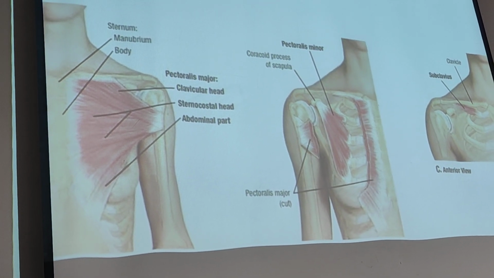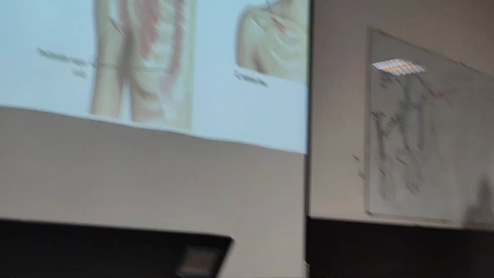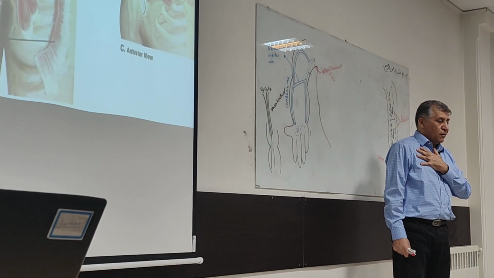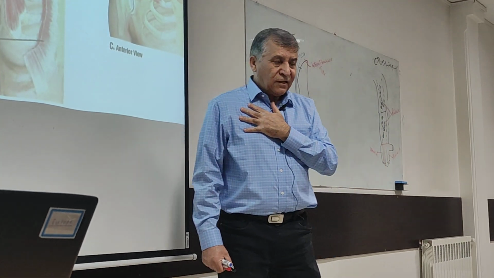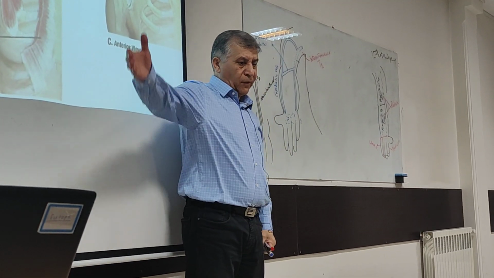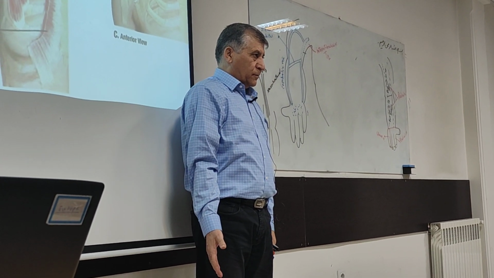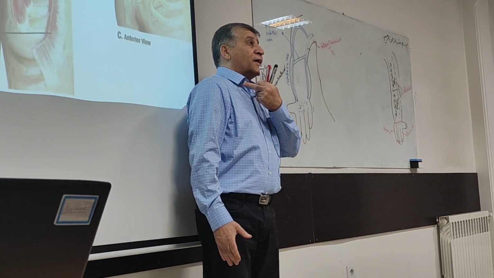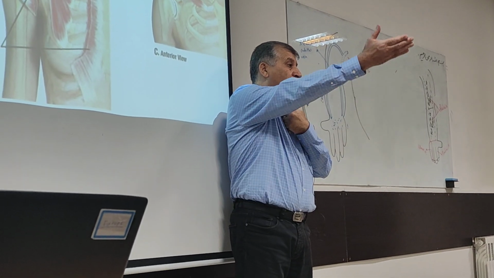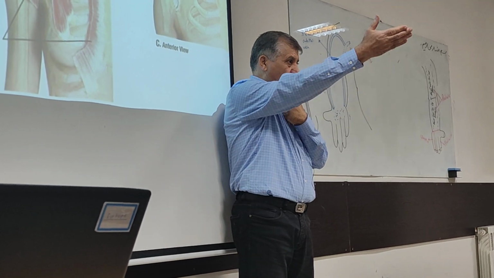Pectoralis major is very large and attached to the thorax. What is the function of this muscle? It is an adductor and medial rotator. The clavicular part does flexion.